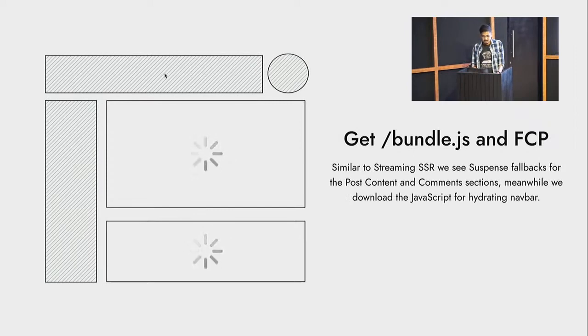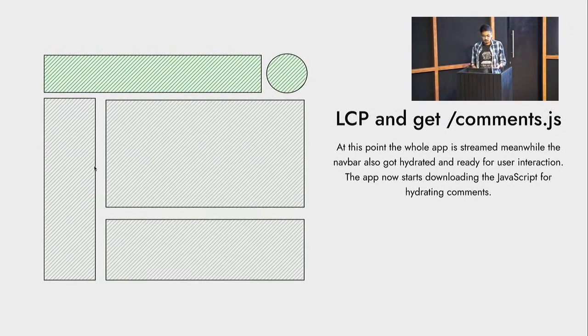In our case, the navbar was a client component but the sidebar wasn't, so we download the necessary JavaScript to hydrate it. Let's assume the navbar gets hydrated and the post and the comments also get streamed in.